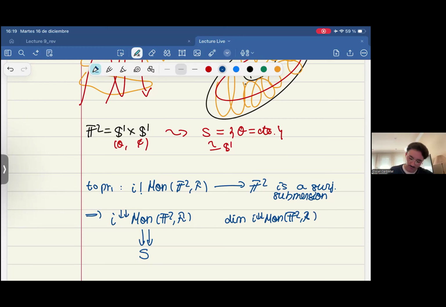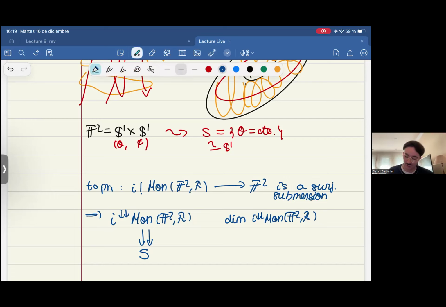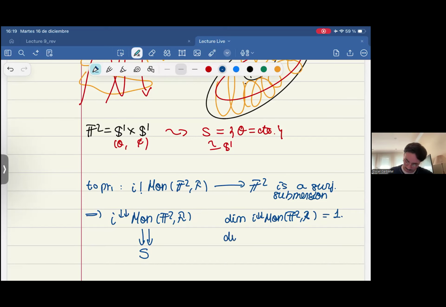Somehow the set of arrows here just refers to the homotopy classes on a same leaf of the canonical foliation starting and ending on points of S, right? Well, and in this case of dimensions, it can be checked very easily that this has dimension 1. And S for sure has dimension 1.